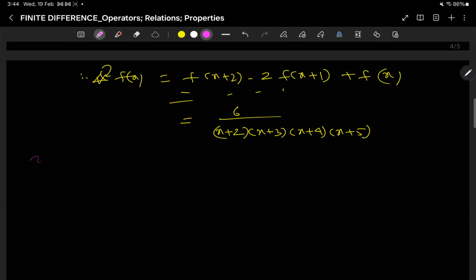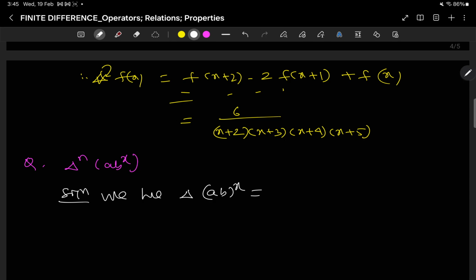Now coming to another question, you are asked to find del to the power n of a b to the power x. So coming to the solution, we have del of a b to the power x is equal to a b to the power x plus h minus a b to the power x. So this is a into b to the power x common, it is b to the power h minus 1.